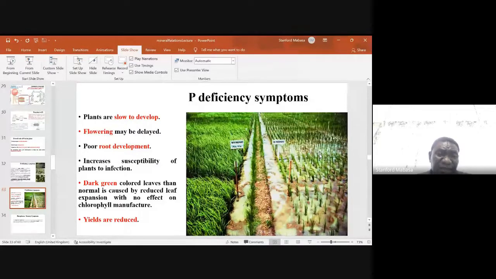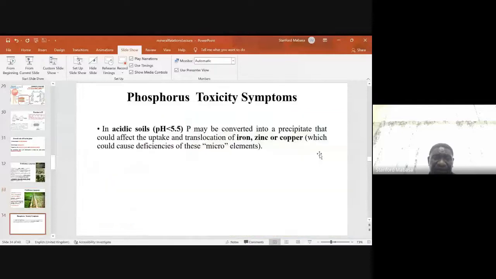Sometimes plants show dark green colored leaves. And this color is beyond what is normal. And it could be a deficient symptom for this phosphorus, but that cannot be easy to recognize. The other thing is that yields are reduced, even with nitrogen. If it is absent, yields can also be reduced.